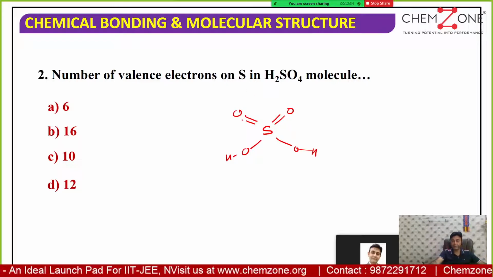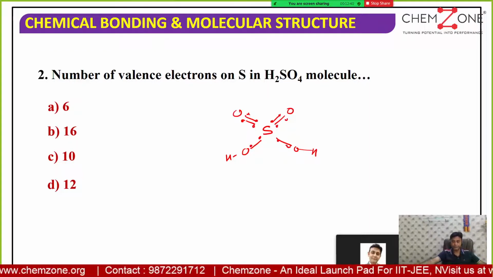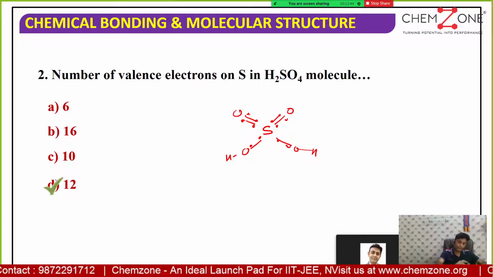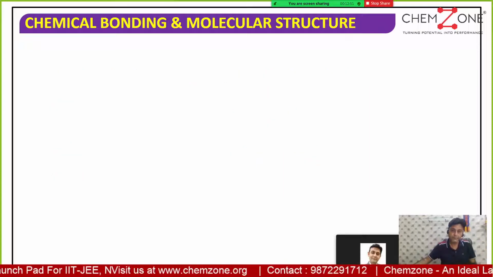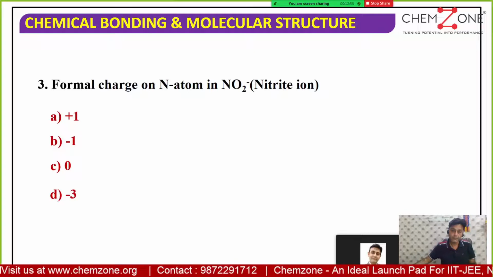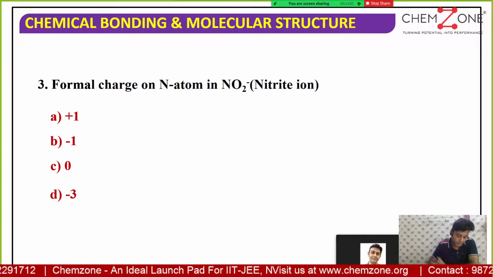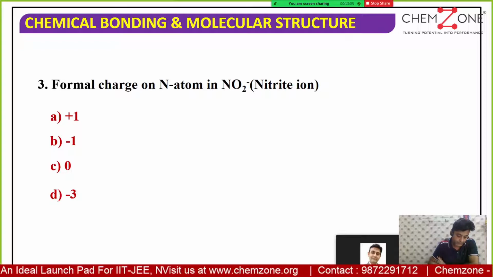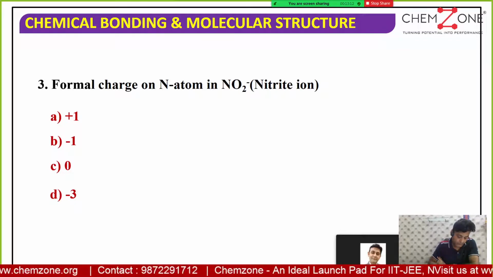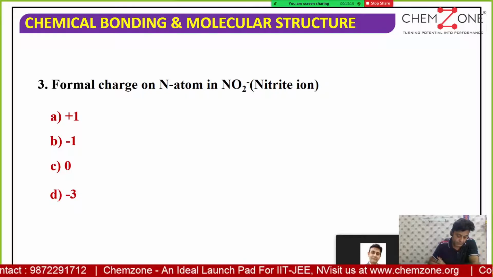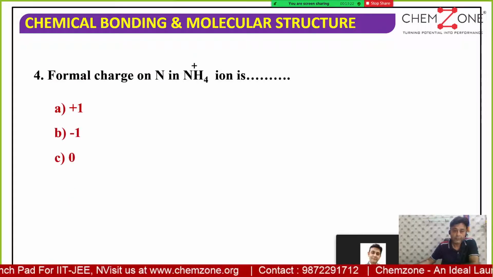Okay, so the valence electrons are 1, 2, 3, 4, 5, 6, 7, 8, 9, 10, 11, 12. 0. 0. Good. Go for this question.